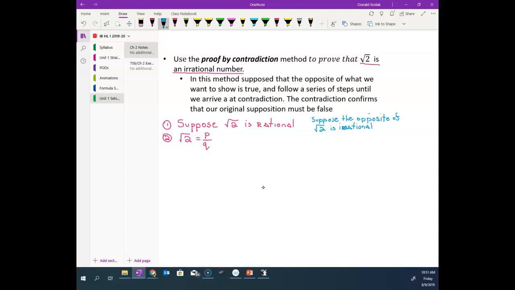Now, what allows us to do this is a rational number can be written as the relatively prime ratio. So that is important.